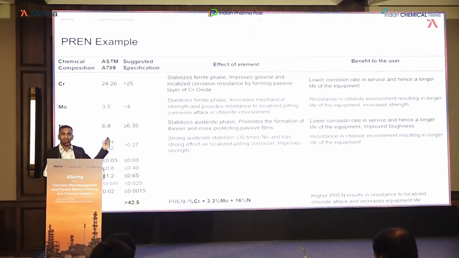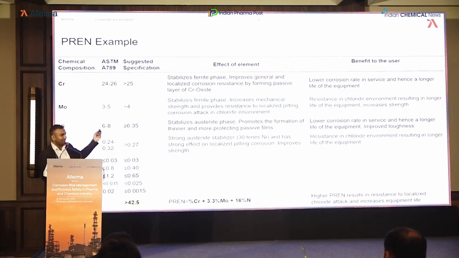To make that phase balance, you have to use this chemical composition. If you have anything more or anything less, you will not have that phase balance. Once the phase balance is achieved, you'll have this pitting resistance number. The higher the pitting resistance number, the higher the corrosion resistance of the material.